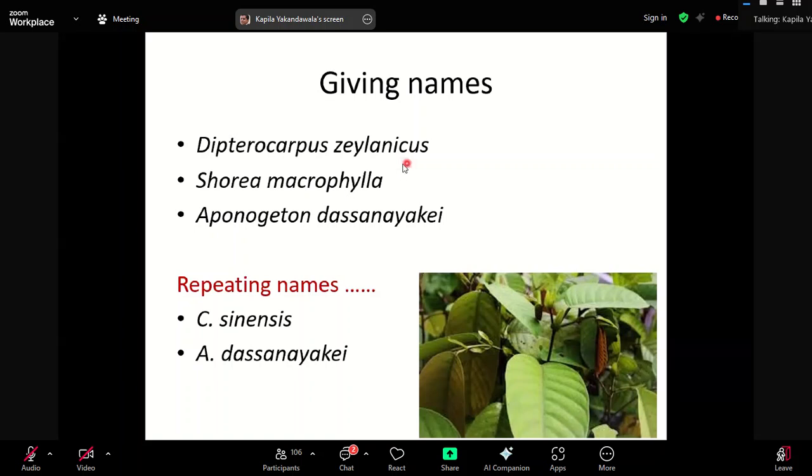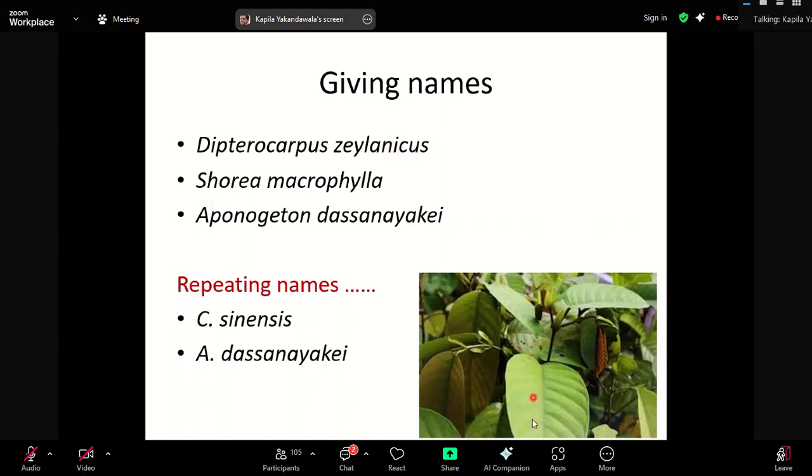Earlier, our country was known as Ceylon. As it was found only in Ceylon, they gave zeylanicus, not Ceylon. You can't just give the name Ceylon. Why? According to the rules, you have to Latinize the name. So there's a different form. You don't have to know it, but we put it as zeylanicus, not Ceylon.